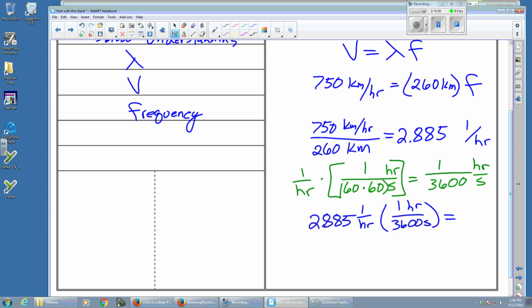And I get 8.01 times 10 to the minus 4th hertz. Let me see if that works.